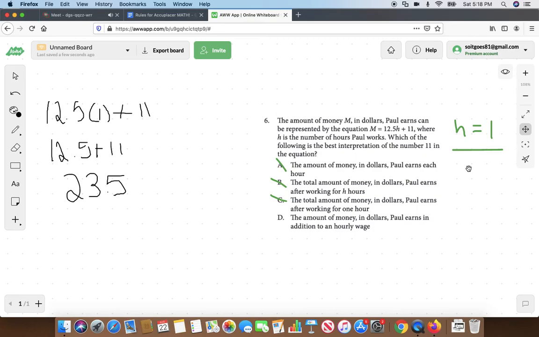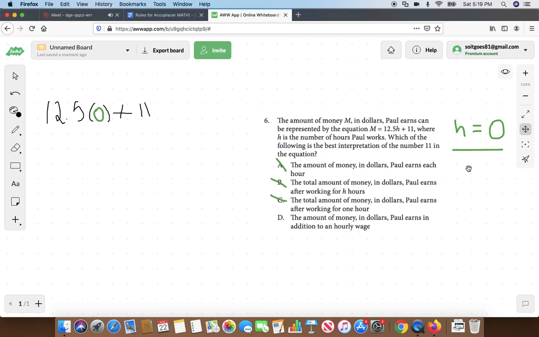Cool. I mean, maybe a better way to look at it. Let's make H 0 and think about what this means again. He has worked 0 hours. So I plug in a 0 and place that. What's 12.50 times 0? 0, right?